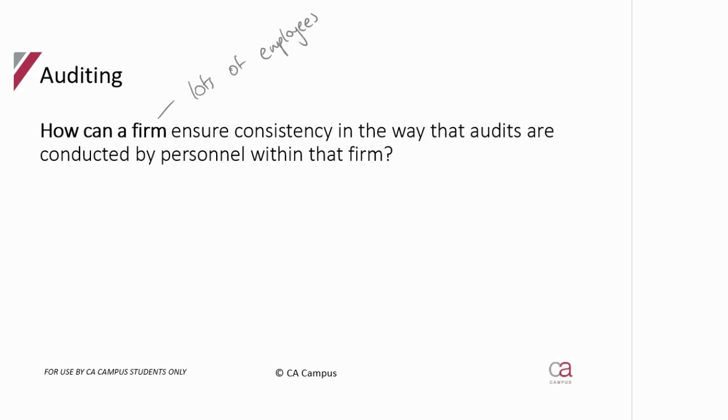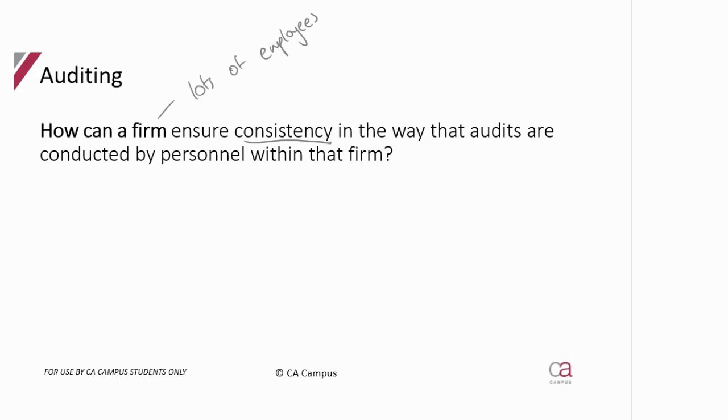So a firm wants consistency in the way that the audit is conducted so that whoever is responsible for whatever work is done would come out with the same conclusion as the person next to them and the person next to that person within the firm. Because ultimately, a firm does not want to have incorrect opinions and take the rap for poor audit work.